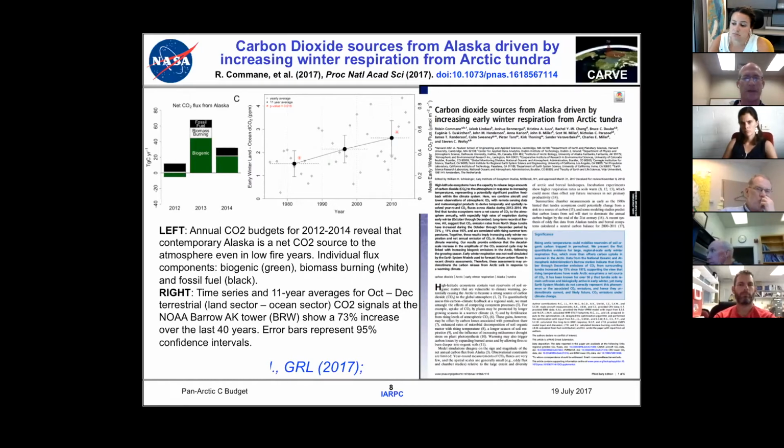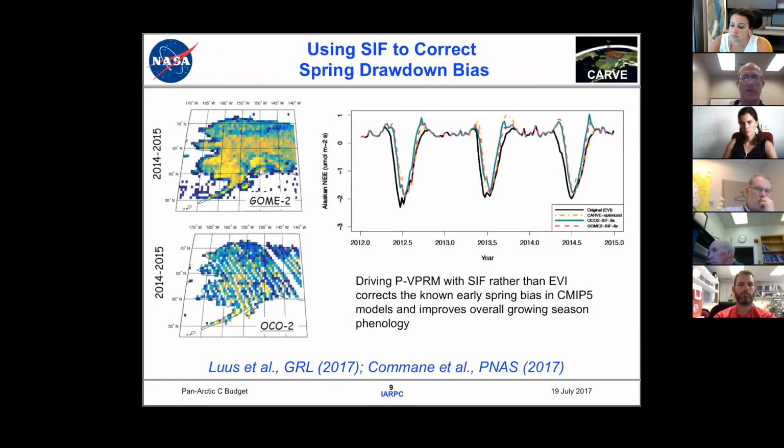There's also a wonderful paper that combines solar-induced chlorophyll fluorescence with remote sensing. Here's an image from the GOME satellite combined over 2014 and 2015, put together by Nick Parazoo. Here's what the OCO data look like in their strips, with not complete spatial sampling, but very, very high density for the same period.